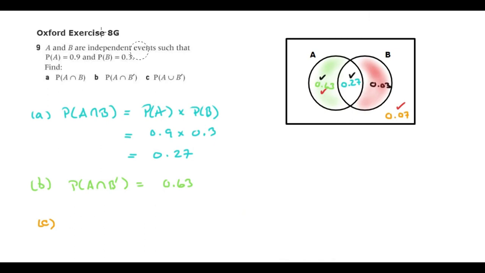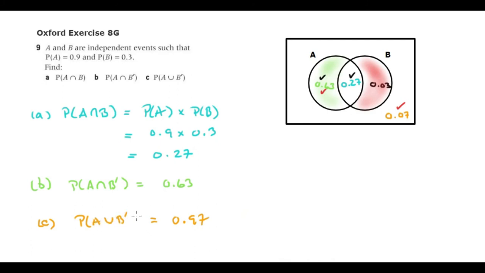So we're going to use this 0.9 and that 0.07, so of course this probability is going to be 0.9 plus 0.07, which is 0.97. And I guess I'll put my label on here one last time.